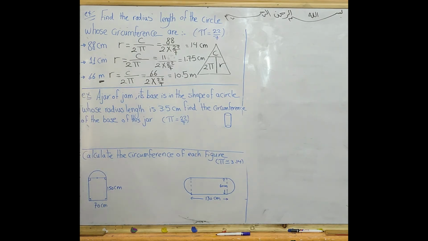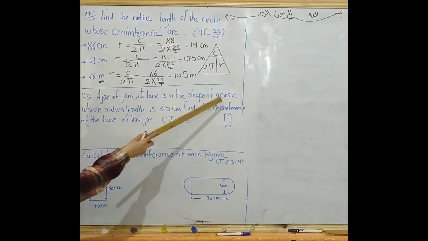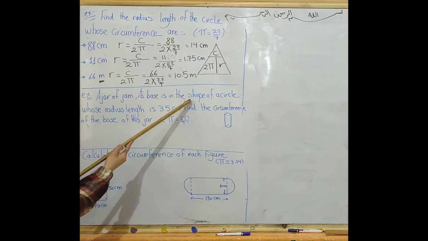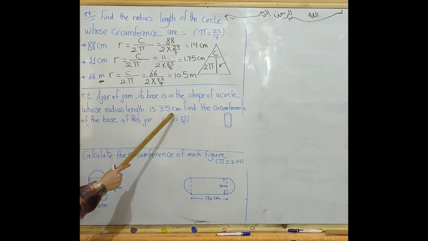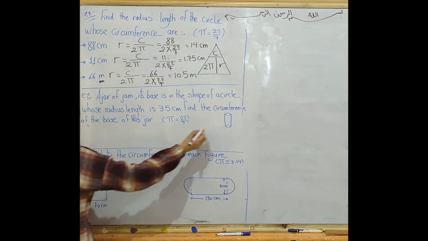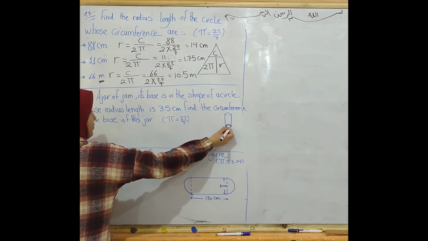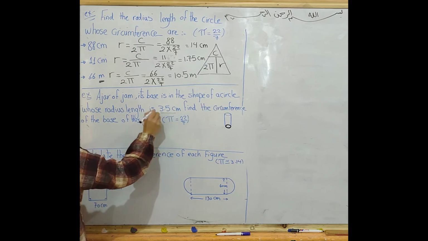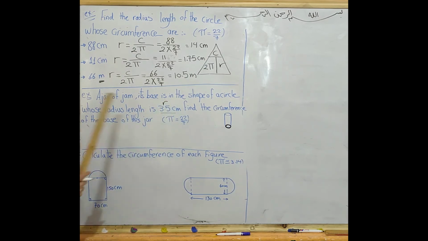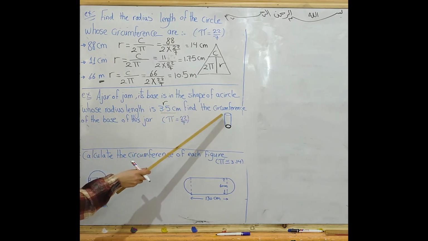Another example: a jar of jam, whose base is in the shape of a circle. The base is a circle whose radius length is 3.5 centimeters. Find the circumference of the base of this jar, where pi equals 22/7.